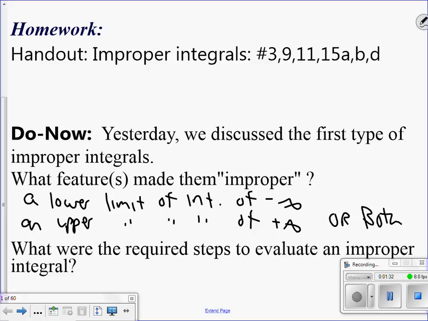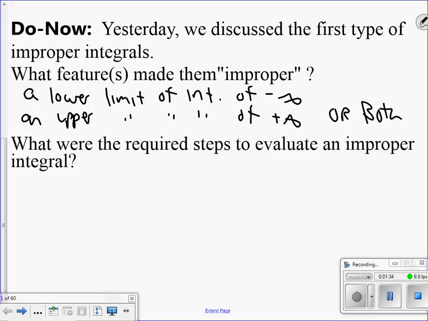So now, do you remember the three steps that we used? Okay. So we're going to rewrite the equation to include L. So we're going to replace, wherever you have either the negative infinity or the positive infinity, with L, but you can use A or B or whatever you want.